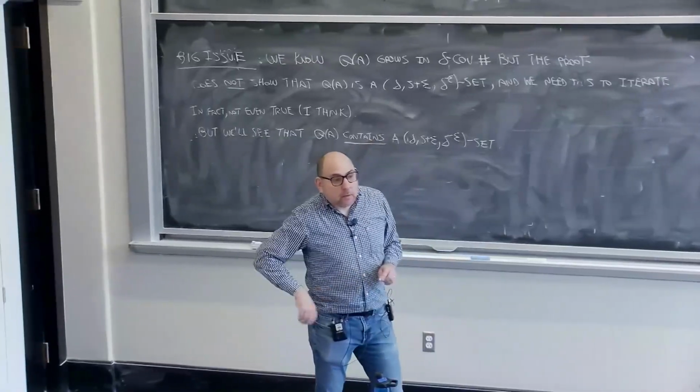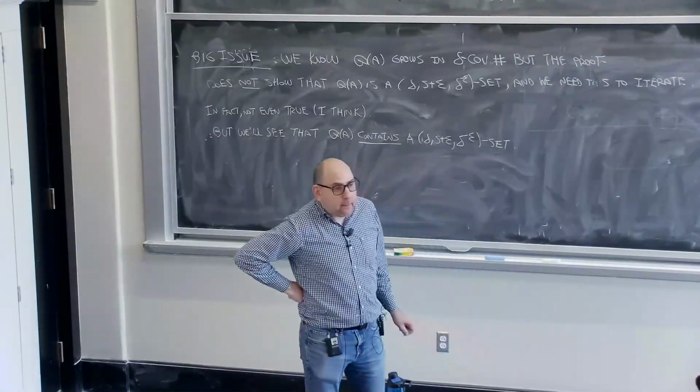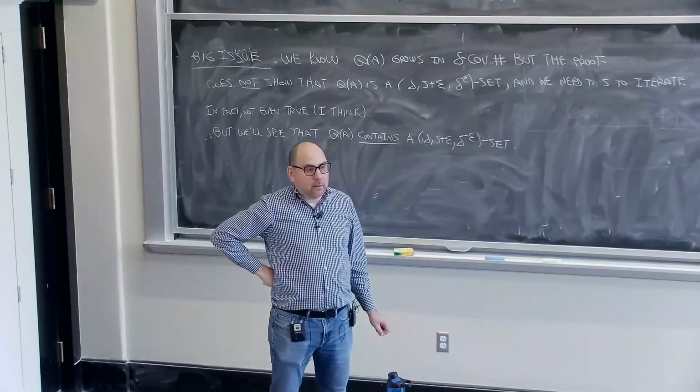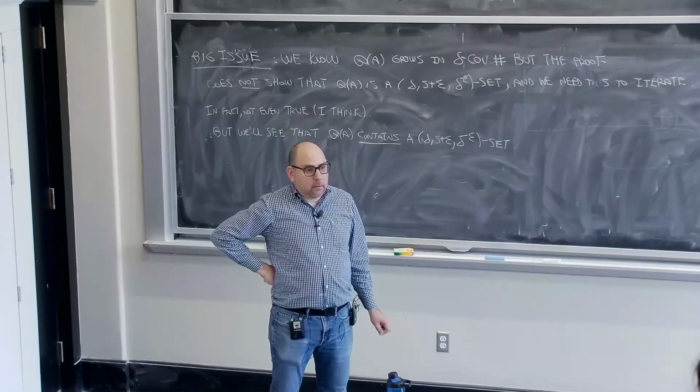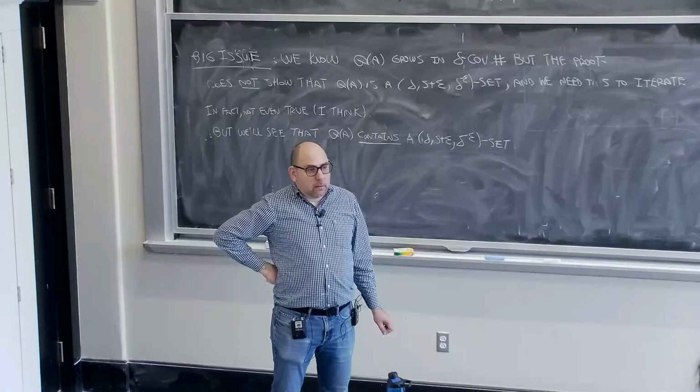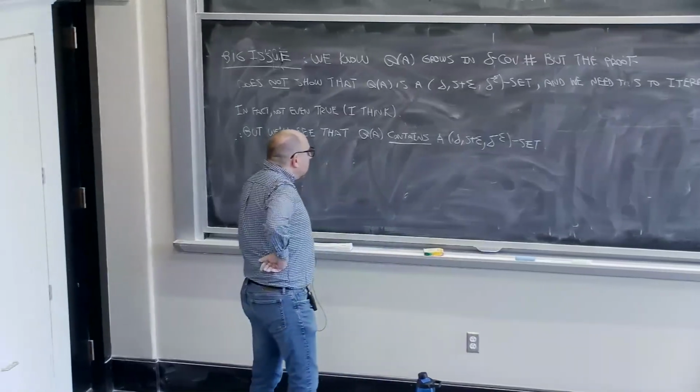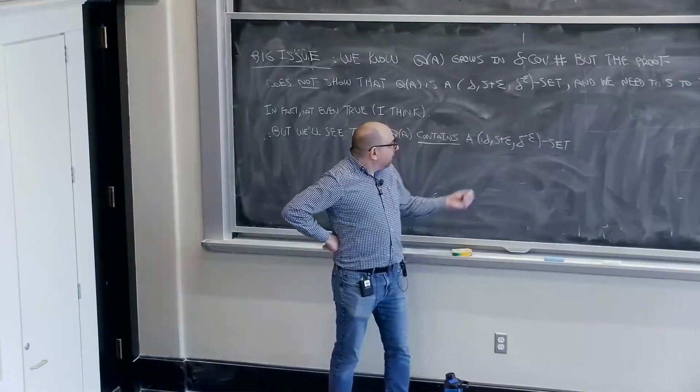Yes? For showing that Q of A contains the delta S plus epsilon delta to the minus epsilon sets, does that set have to be very close to the size of A and at an S plus epsilon or delta spacing level? Well, it needs to be much.